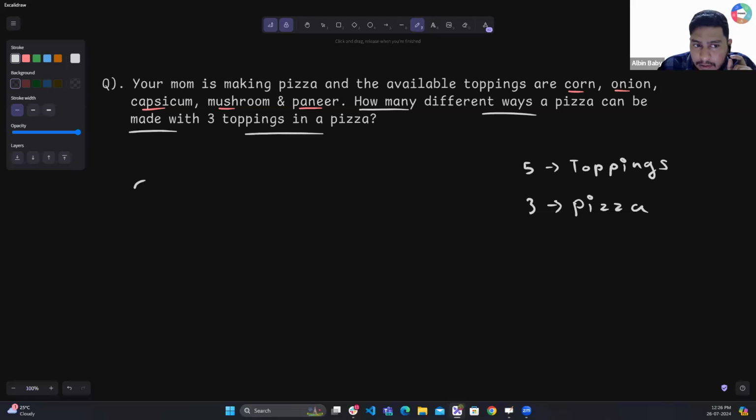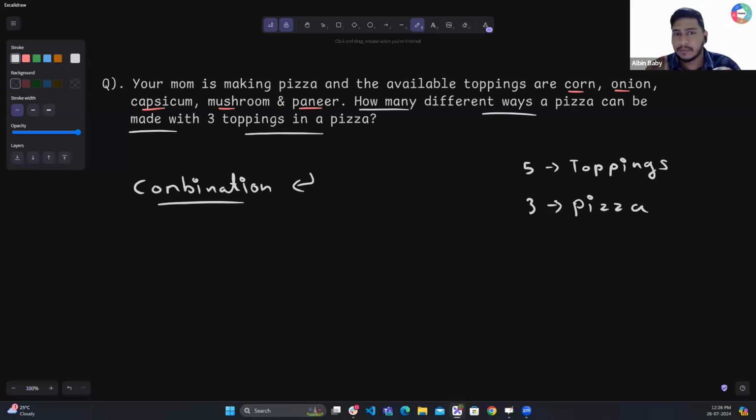So here, the order doesn't matter, right? Yes or no? So we can use any different combination. You can add corn with capsicum with paneer. You can add mushroom, capsicum, corn. It's up to her, right?